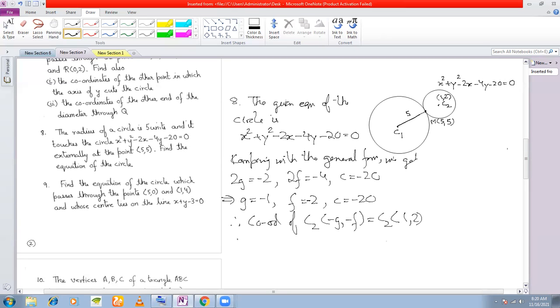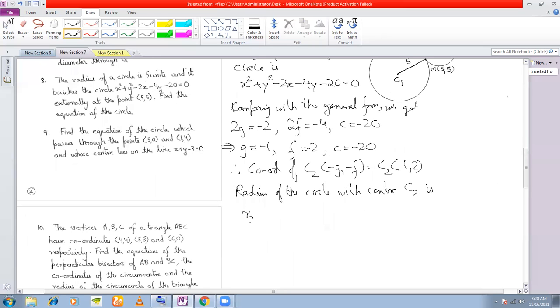Fine. And also we should know the radius of the circle with center C2, let's call it R2, root over of g square plus f square minus c.